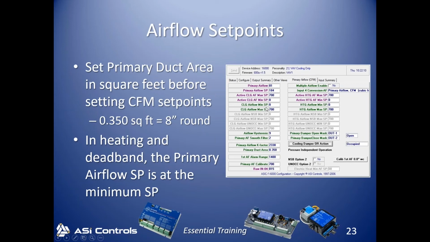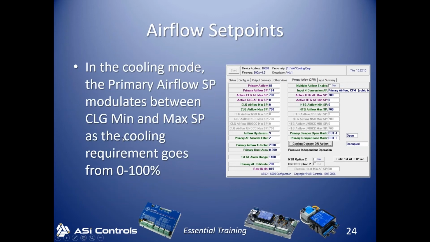You can see here, there's some green settings for cooling min-max airflow, and on the right side here, there's heating airflow min-max. And then in the cooling mode is when we actually start to see the airflow set point ramp up. So as the cooling requirement goes from 0 to 100%, the primary airflow set point will ramp from min set point to max set point.